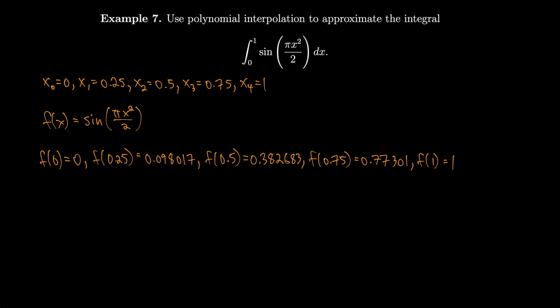So I will make a table similar to the last example. I have 5 rows this time because I have 5 different x values, because remember I have these 4, but then I also have x0. So remember, it's a0 plus a1 times x, and so on. So I'm doing the coefficients of all the a's.